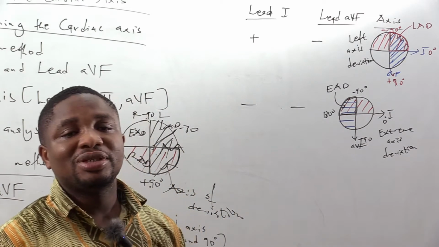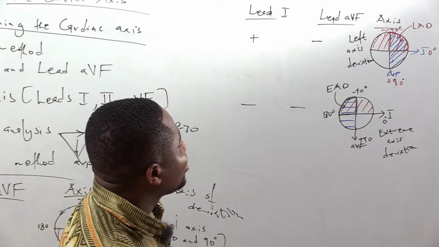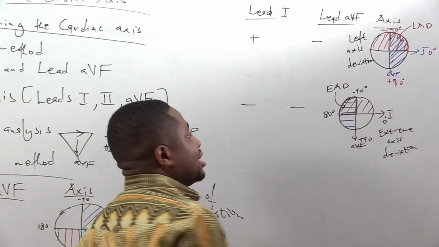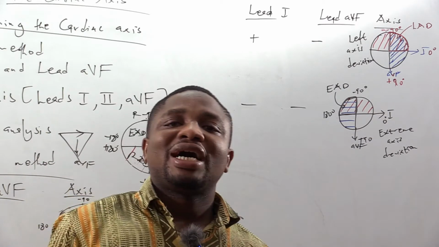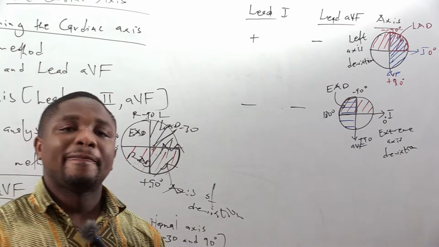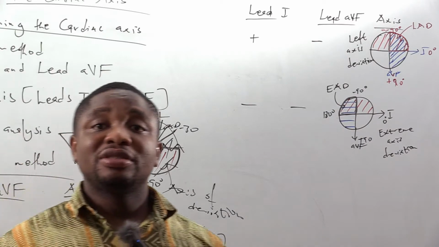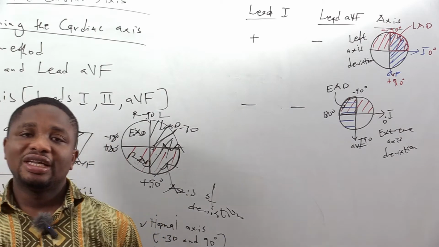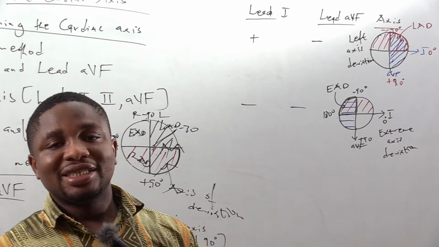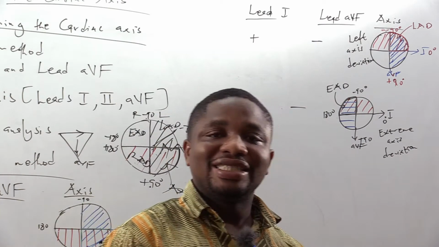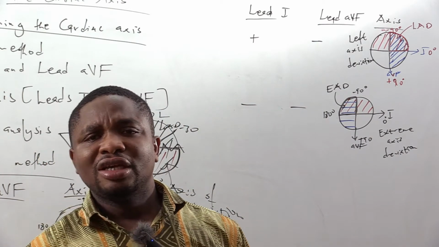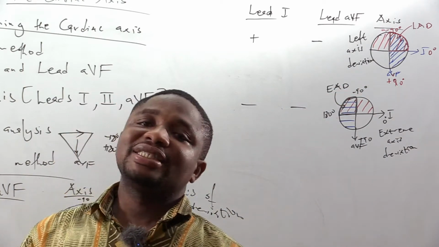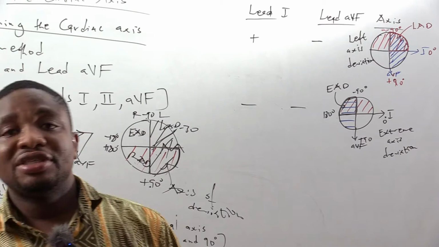And if you are looking at 0 degrees and minus 90 degrees, you will note that it is going to be overlapping between the normal axis and the left axis, because the left axis is between minus 30 degrees and minus 90 degrees, while the normal axis is between minus 30 degrees and plus 90 degrees. And if you watch very carefully, the bulk of the location is inclined to the left axis deviation, and the axis deviation is going to be what?